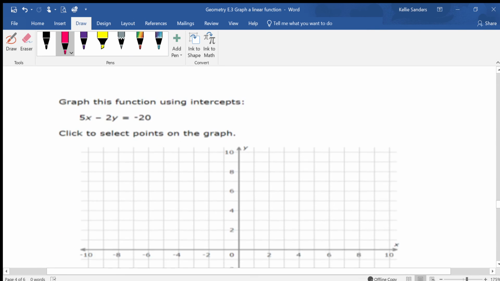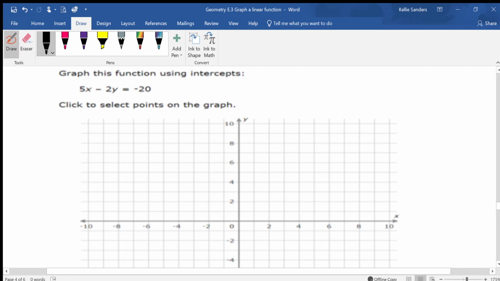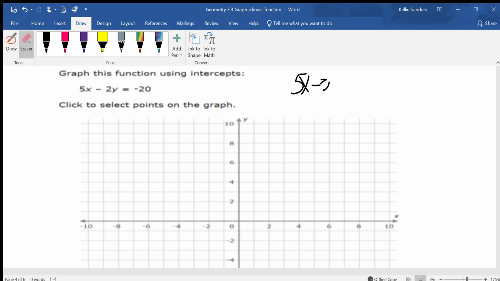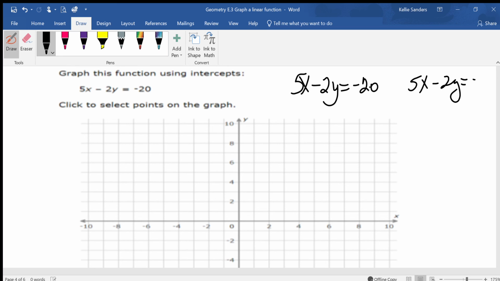Let's do it again, because they're so fun. So we're going to write it down again. 5x minus 2y equals negative 20. Let me erase, make it prettier. So if I put 0 in for x, I know that's going to go away.